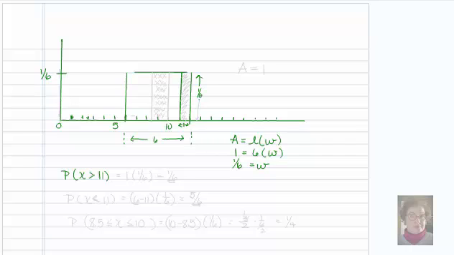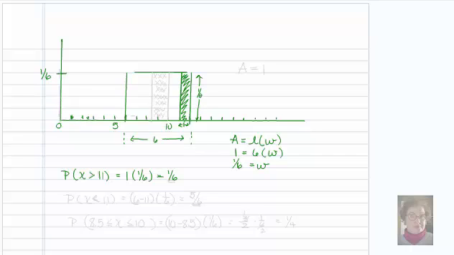So since our probability is the same as the area of this rectangle, it's going to be 1 times 1/6, which is 1/6. So the probability that someone will lose more than 11 pounds is going to be 1/6 of the time.